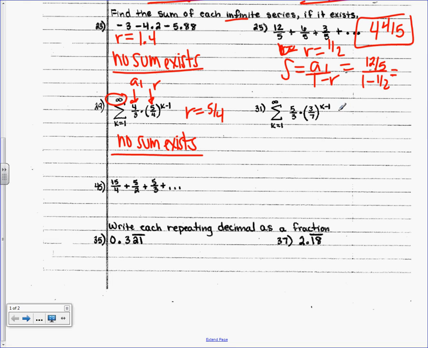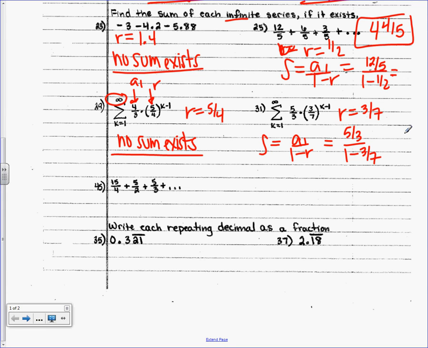Okay, next one. What is r? 3 over 7. Does the sum exist, yes or no? Yes. So I need S equals A sub 1 over 1 minus r. I don't know what A sub 1 is yet, but I know r. So again, from yesterday, what's A sub 1? 5/3.